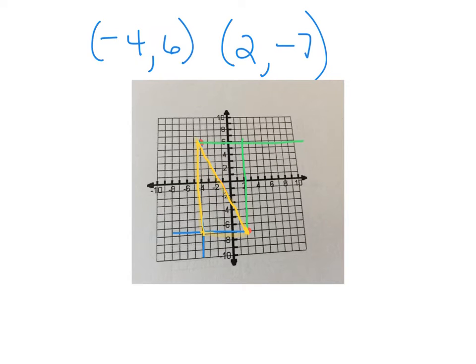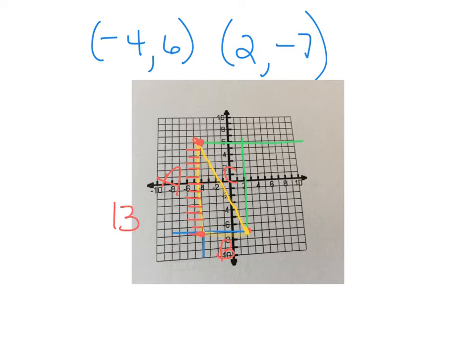Okay, so what we're going to do is label this side C, this side A, and this side B. And we need to find the length of each of those sides. Except, of course, we can't do C until we do the Pythagorean theorem. So if I look at A and I count from here down to here, I'm going to go 1, 2, 3, 4, 5, 6, 7, 8, 9, 10, 11, 12, 13.